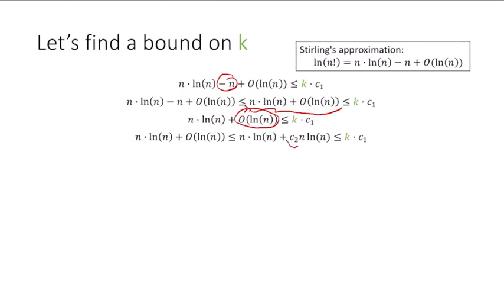So I'm going to multiply by a constant c2 and say that big O of n log n is less than or equal to c2 times n log n. And after I do that, I've got c2 n log n and n log n, and I'll just combine those two together and call that c3. So c3 is really just c2 plus 1.